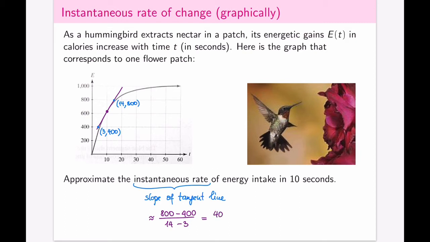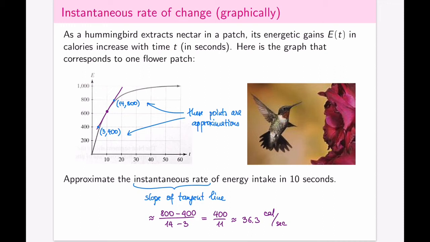So overall I have 400 over 11, which results in approximately 36.3. And again, I'm going to have calories per second. So just to be very clear here, I'm also going to make sure that I actually write this on the graph. These points are approximations.